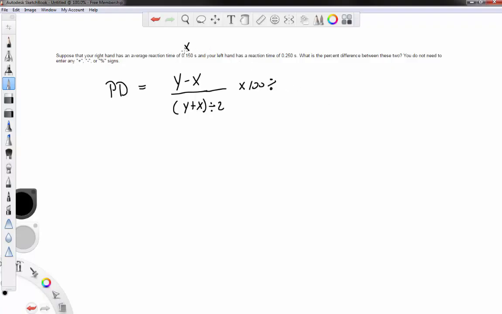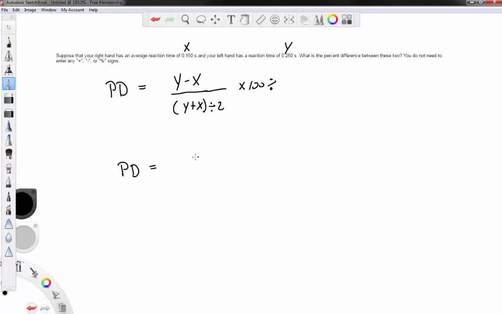Well, this one represents x, this one represents y. The order doesn't really matter because for this question it says do not enter plus, minus, or percent signs. So if you put the order backwards, you're going to get the same number with a minus sign in front. You can just remove the minus sign because that's what the instructions tell you to do. So if you choose to call this y and this x, you're going to get the same answer as I do at the end of the day.